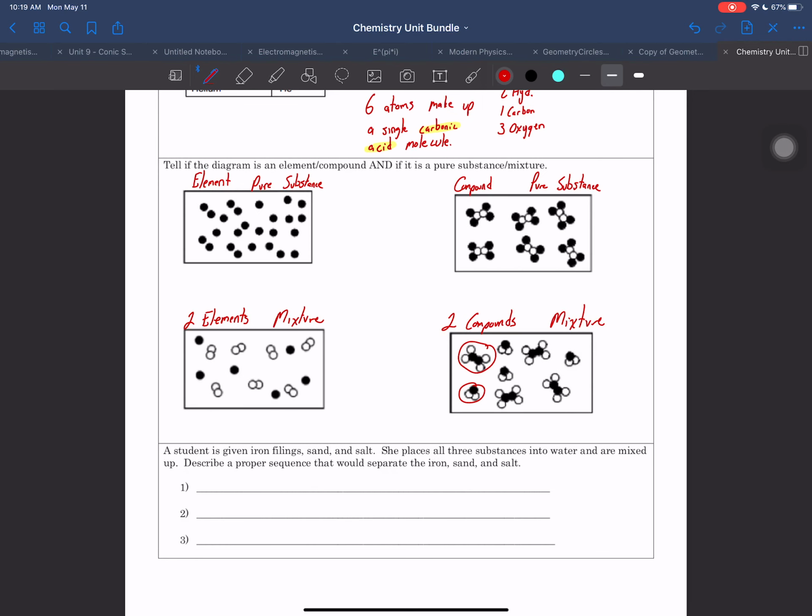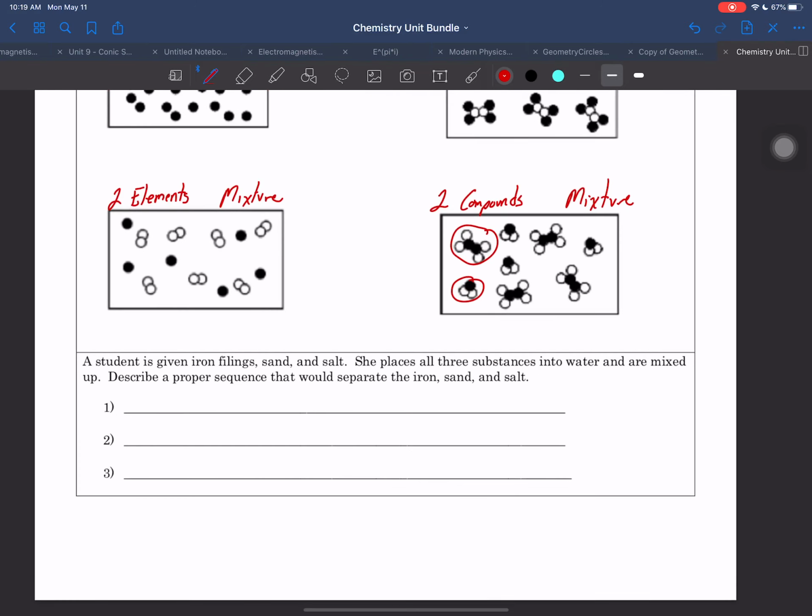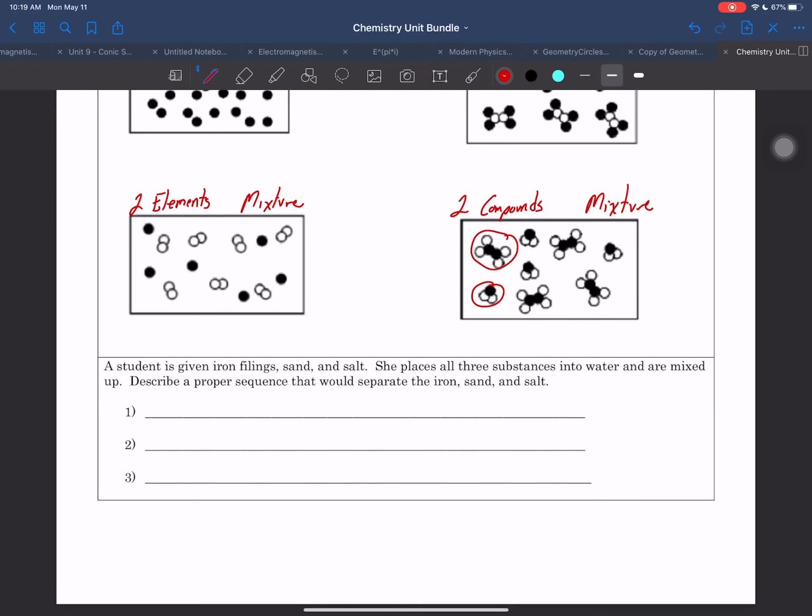Which I know is something we've practiced in the past, but I know it's been a long time since then. This question might be a little challenging because we never actually got to do this. This is something we would have experienced with an activity, but I'm just going to explain how we would do it.